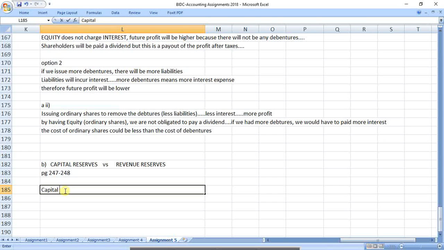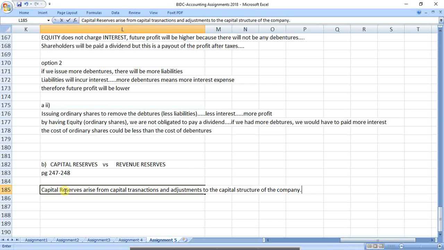So capital reserves arise from capital transactions and adjustments to the capital structure of the company. Okay, that's the definition.